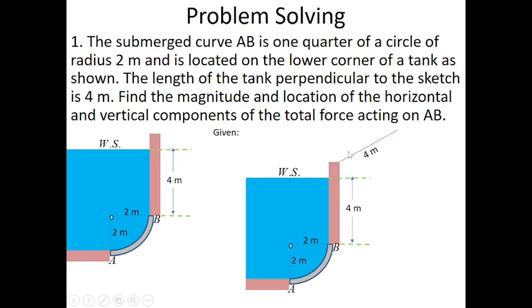Ito yung length ng tank na perpendicular dito sa sketch na to. Okay? 4 meters. At yung third dimension, kumbaga. So, find the magnitude and location of the horizontal and vertical components of the total force acting on AB. So, kukunin natin yung F1, F2, location of F1, location of F2. Okay?